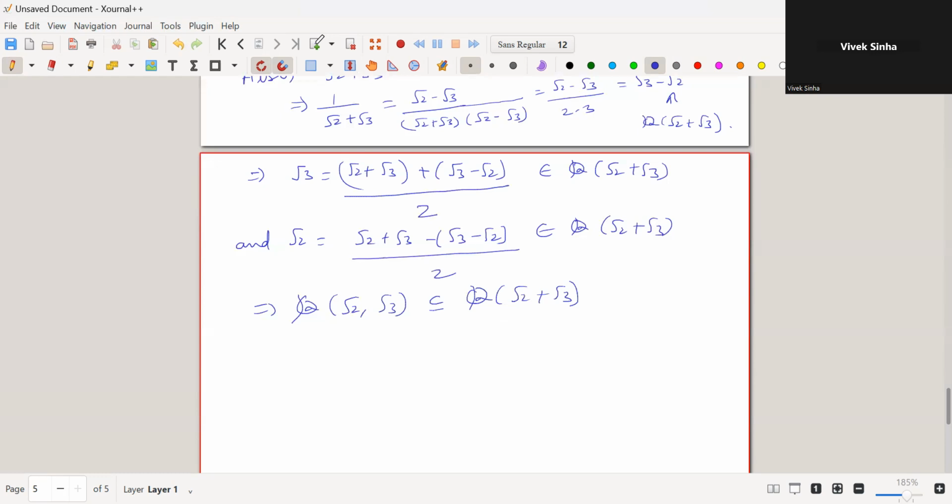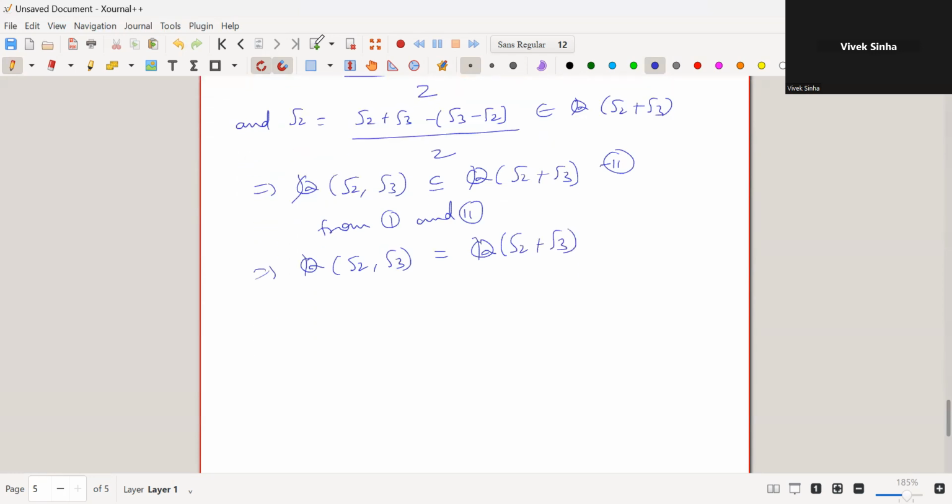And from first and second, this implies that they are the same as a field, and thus the degree of Q(root 2, root 3) over Q(root 2 plus root 3) is equal to 1.